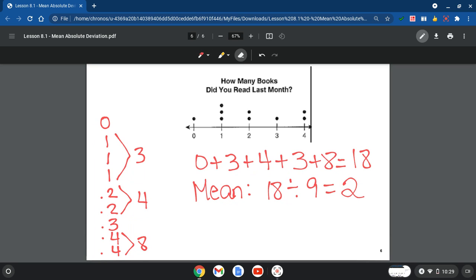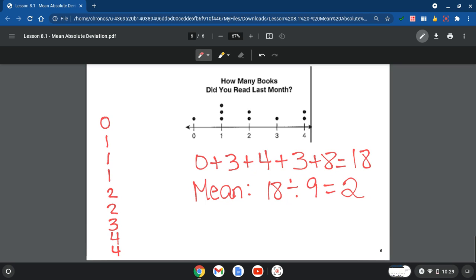Now that I know what my mean is, I'll be able to find the mean absolute deviation. I do that by subtracting 2 from each one of the pieces of data. So I'm going to use my list to help me out.